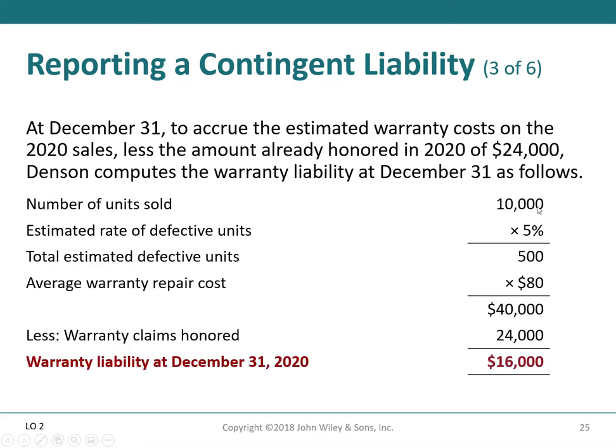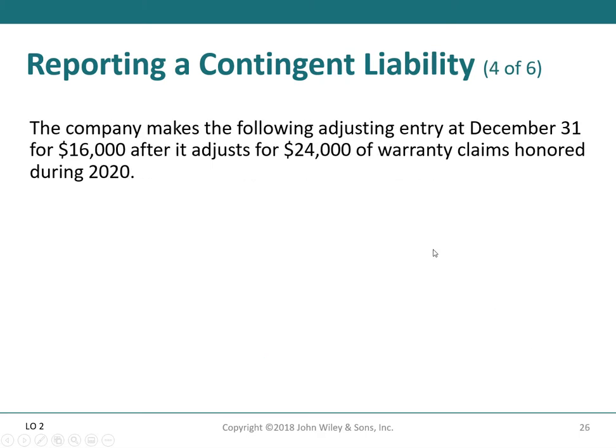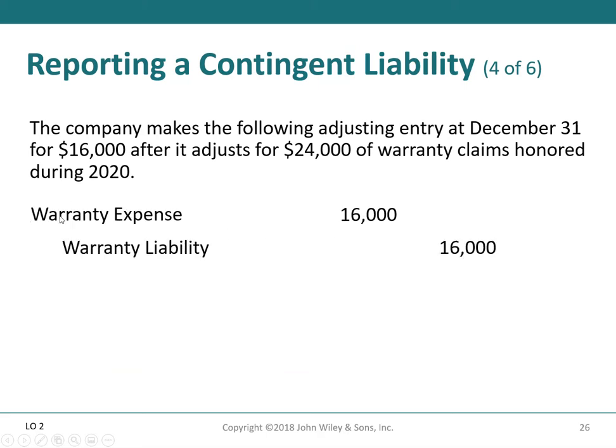So we sold 10,000 units, 5% of them are expected to be defective, which is 500 units. At a cost of $80 per unit, that gives me $40,000. We've already paid the warranty claims of $24,000. So what's left at December 31st that has not been incurred is $16,000. So what we're going to do is debit warranty expense and credit warranty liability. So this is the liability that we estimate will occur in the following year.